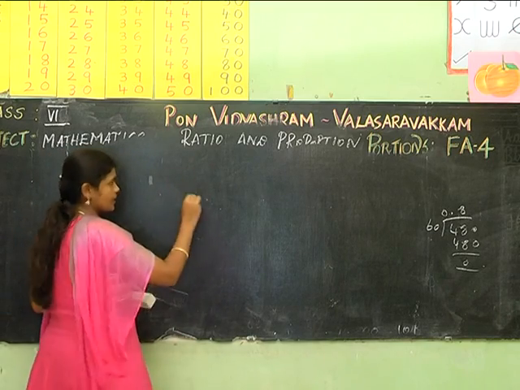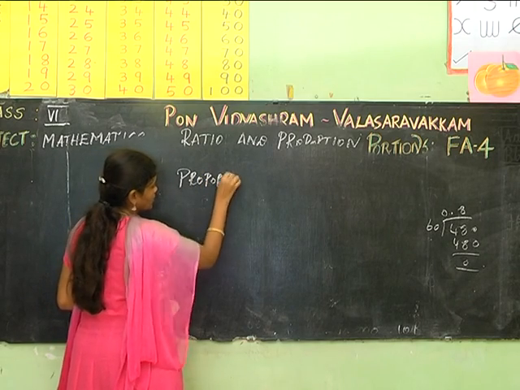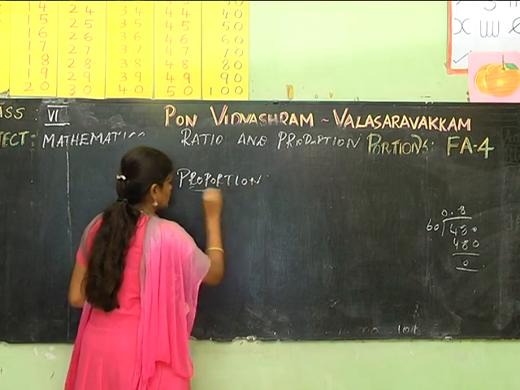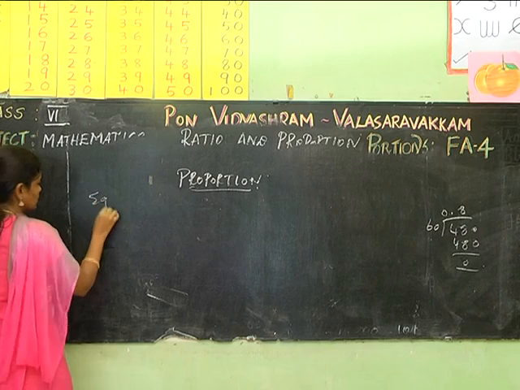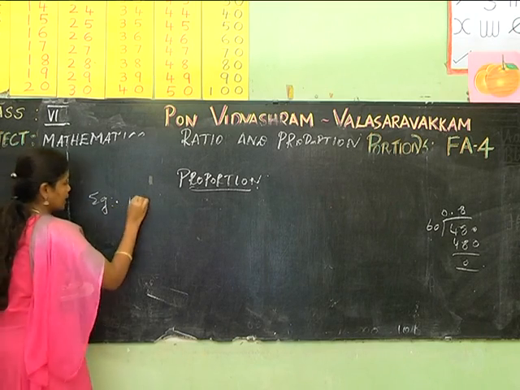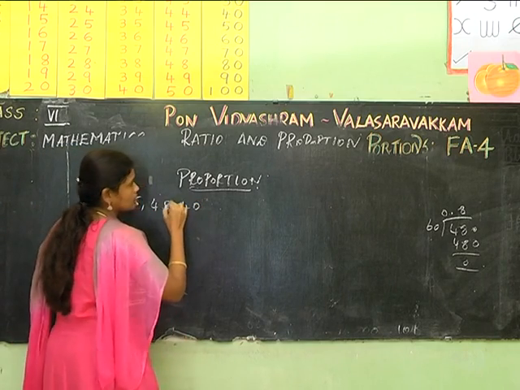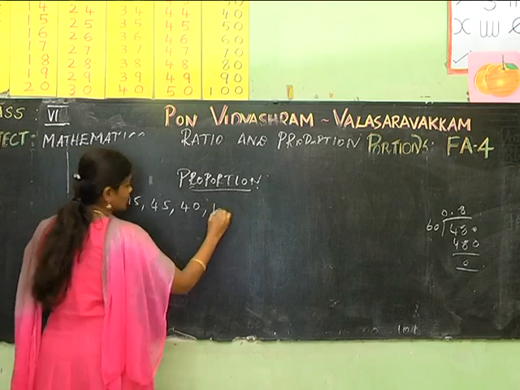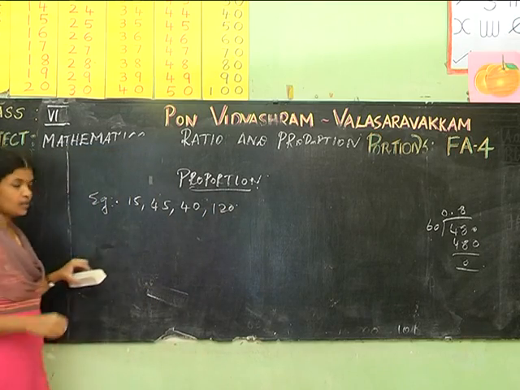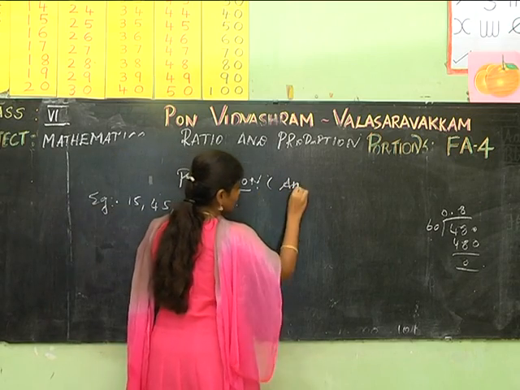We can use another method for proportion. I will explain this with one example. 15, 45, 40 and 120. Now we can use another method.